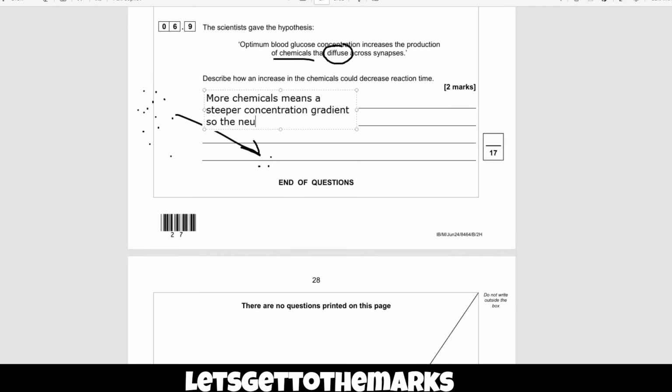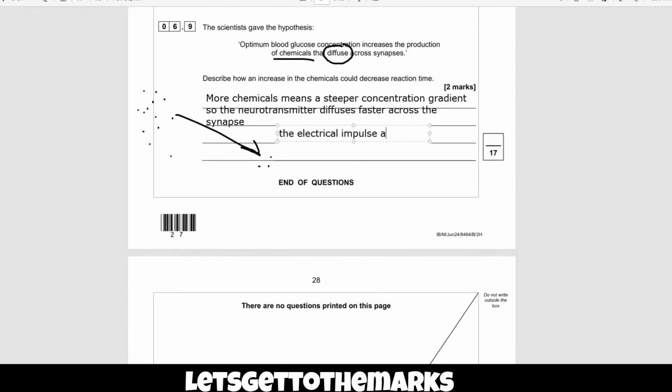I'm going to call it neurotransmitter just to be fancy, but it's the same as saying the chemicals. So the neurotransmitter diffuses faster across the synapse. And then on the other side of the synapse, it reforms an electrical impulse, and the electrical impulse arrives at effectors more quickly, just to cover all the bases. So there we go. That's the end of the test.